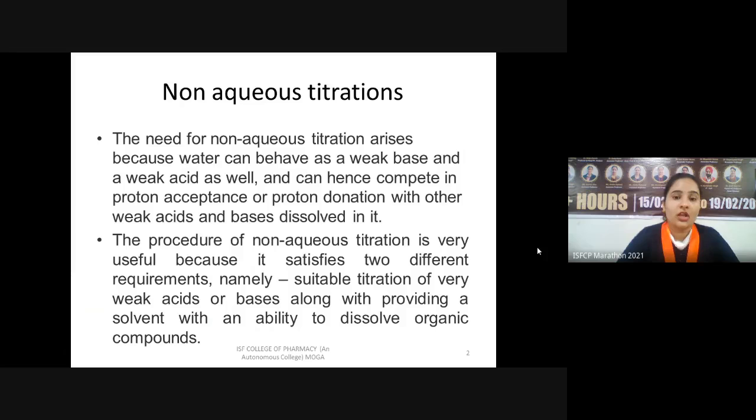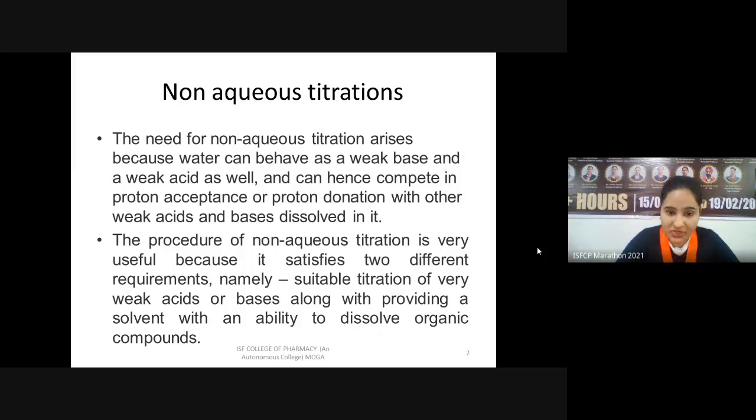Now, the procedure for non-aqueous titration is very useful because it satisfies two different requirements. The first is suitable titration of weak acids or bases, along with providing a solvent with the ability to dissolve organic compounds. So a non-aqueous titration solves two purposes.